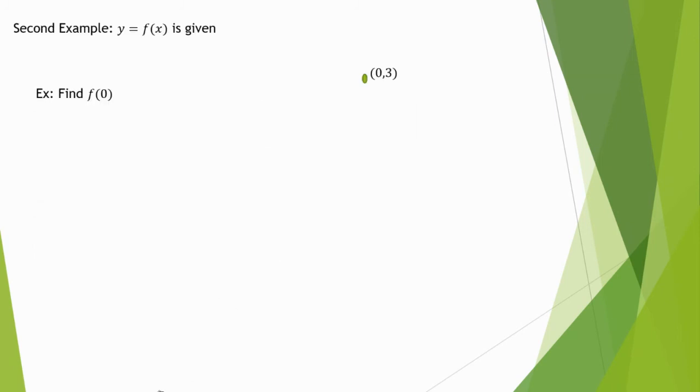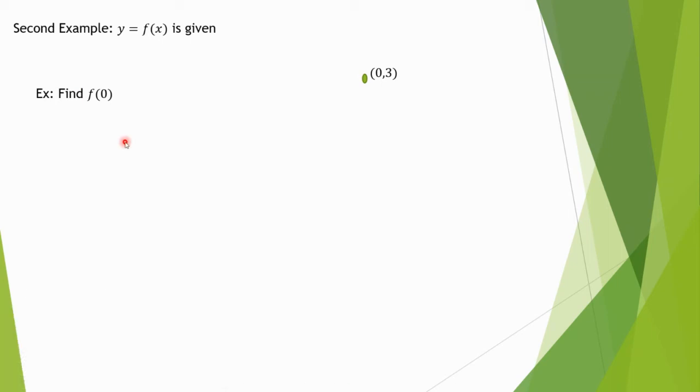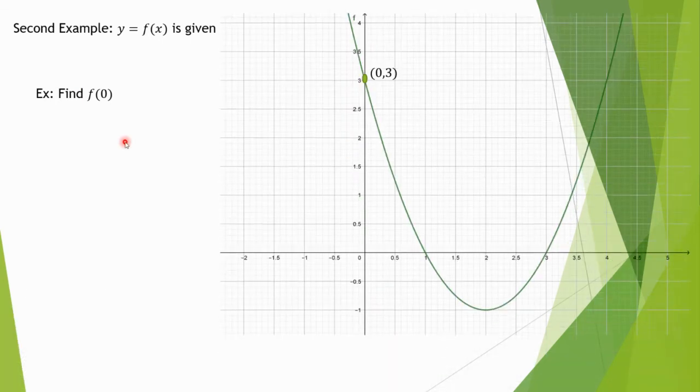Okay, good. So it's just another example. Here's our second example. Let's say now we have this graph, and we want to know what f of 0 is. You could probably guess it from the point, but let me show you. Here's 0. The graph is up, so we go up to the graph and we get to 3.